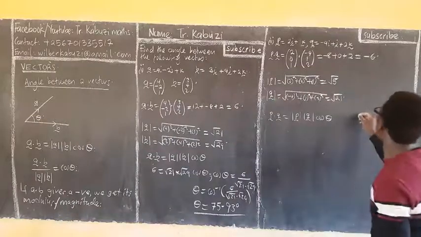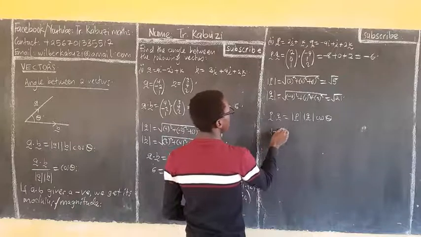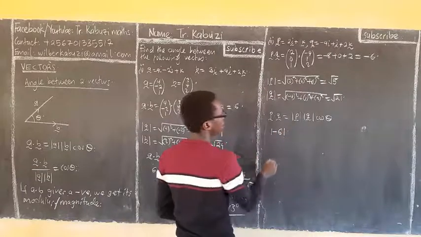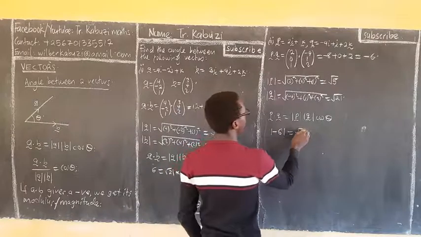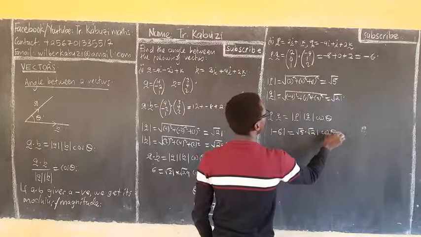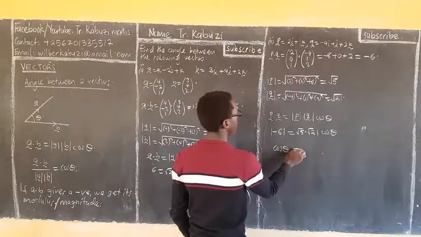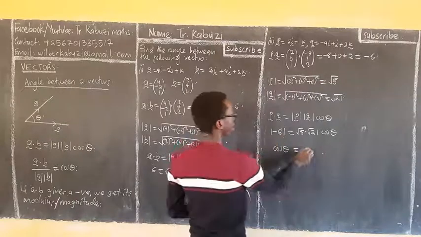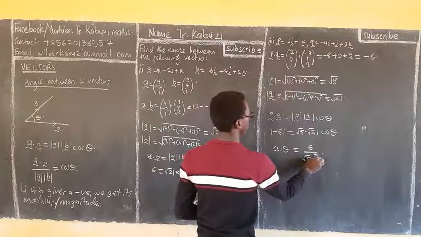So I have modulus of negative 6 equal to root 5 times root 21 times cos theta. If you divide through, cos theta will be 6 over root 5 times root 21.